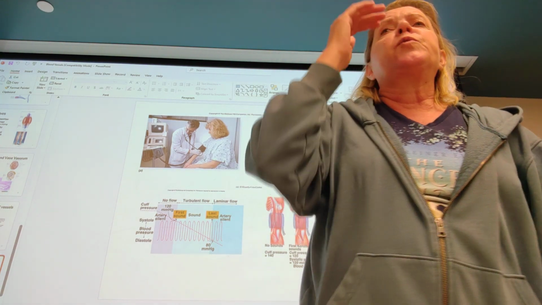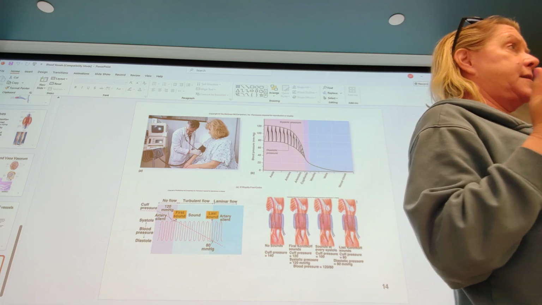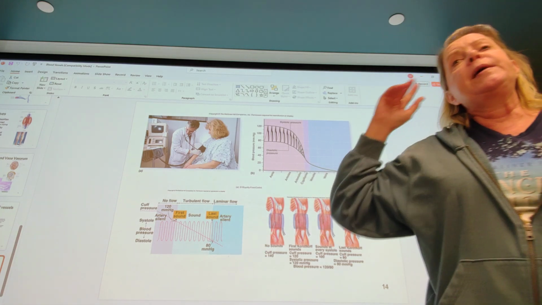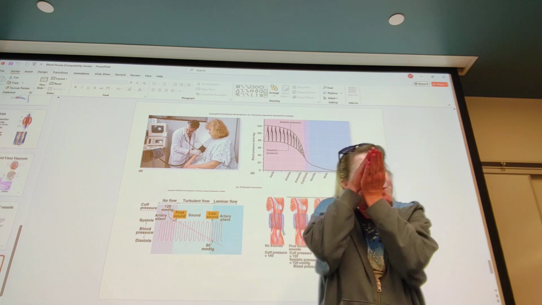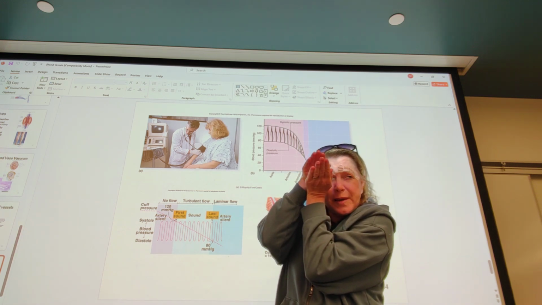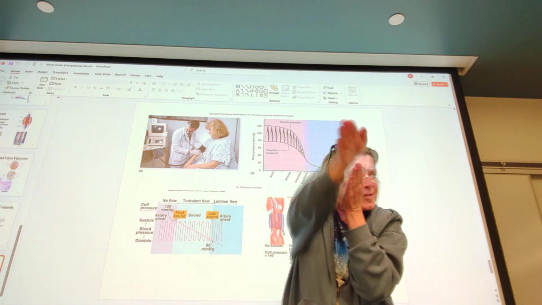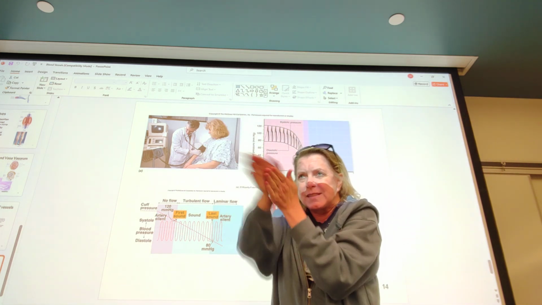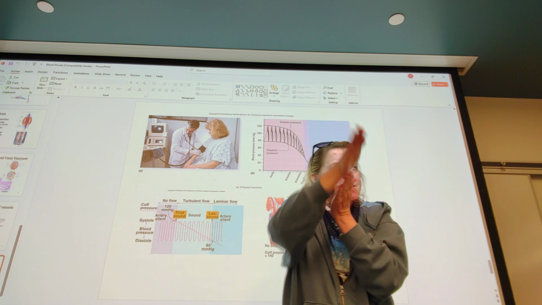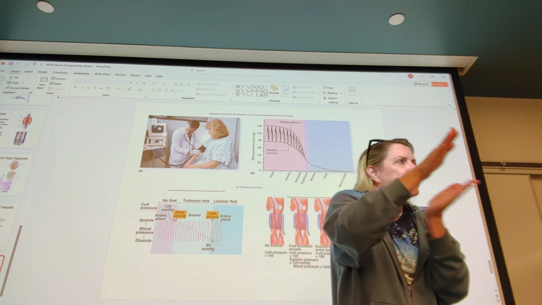But there are different rankings of the intensity of the sound. So when you hear the sound, that's turbulent flow. Why? Because the space is just open a little bit, and when the heart contracts, it's enough pressure to send that blood through. That's when you look at the dial, and that's systolic pressure.